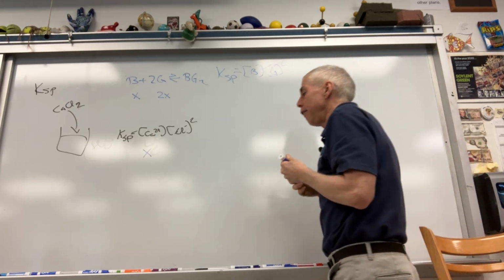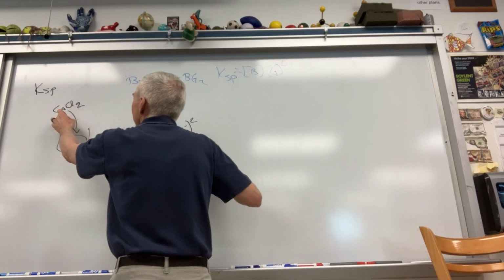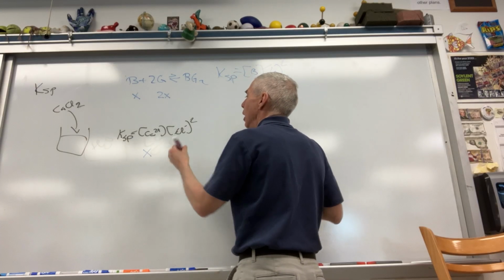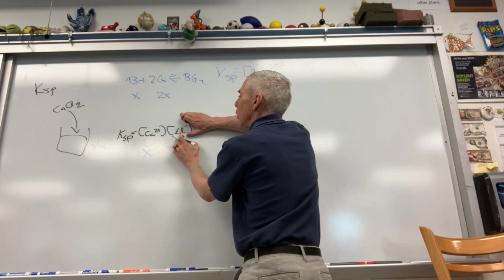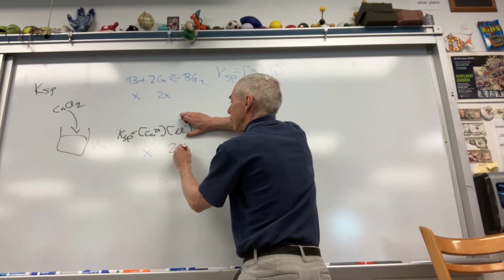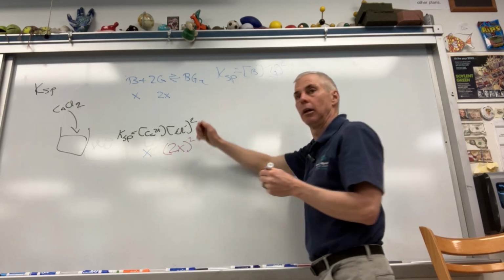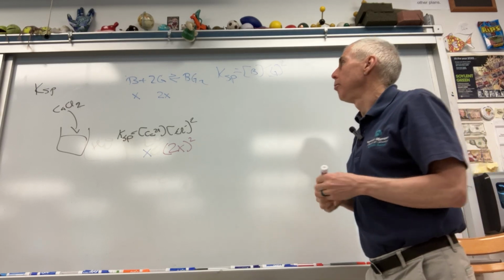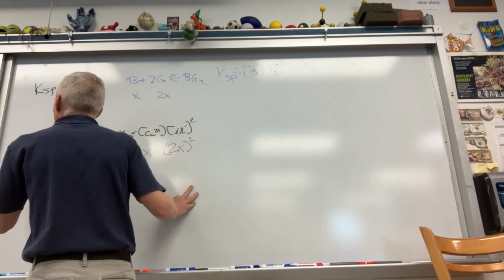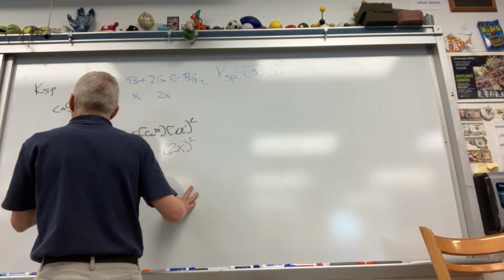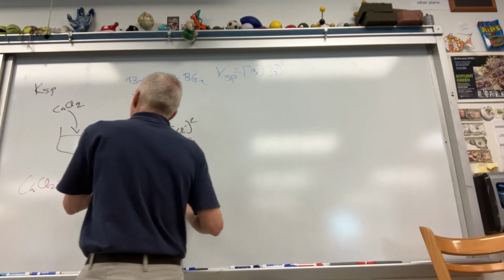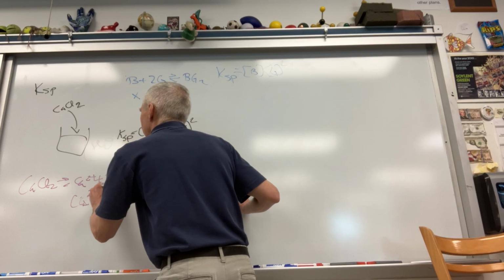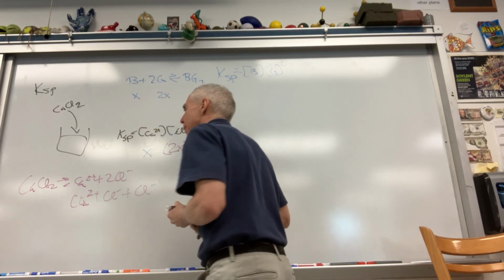So if I'm throwing something like calcium with 2 chlorine into water, if I call the calcium X, the chlorine, don't worry about the square, is 2X, and then we square it. Because if I wrote this expression, calcium chloride goes to calcium plus chlorine plus chlorine, I could write that another way.